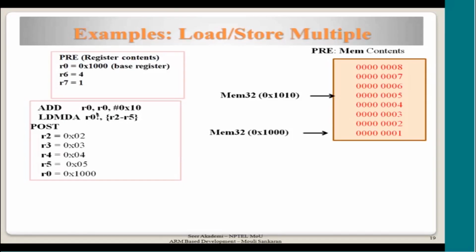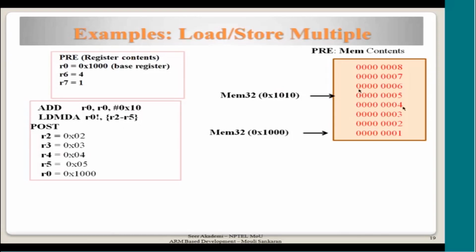Here let me spend a little more time because you need to absorb the instruction. Add R0 with 10. What are you doing? Incrementing the R0 content. R0 now points to 1010. So you are starting from somewhere in the higher address, and you are telling the processor, I want to load multiple values starting from R2 to R5.